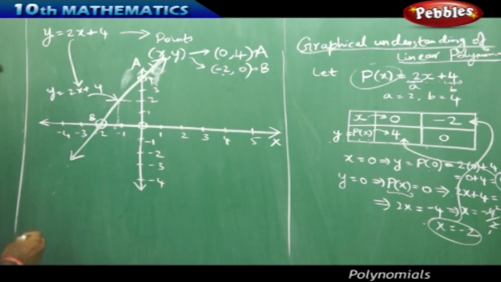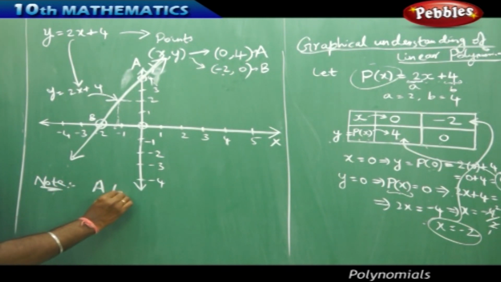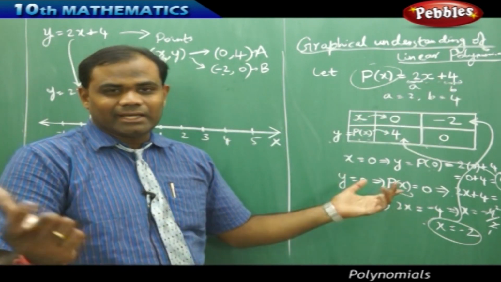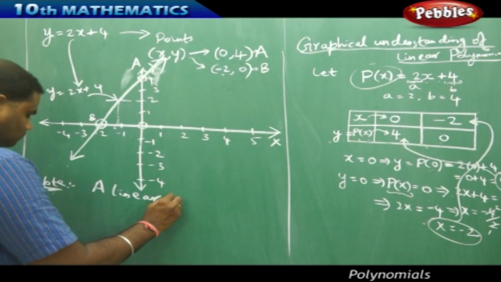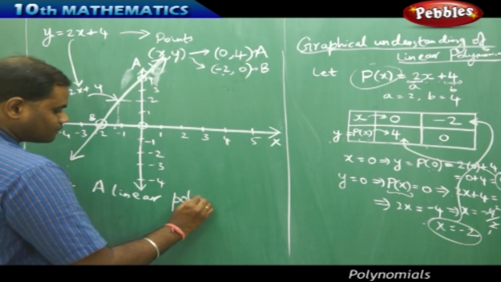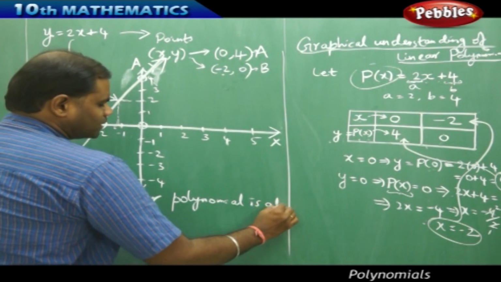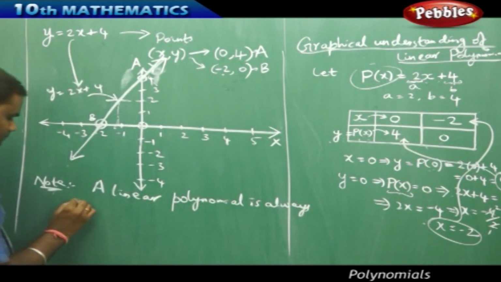So the learning outcome here is that a linear polynomial, whatever it may be, in this case 2x plus 4, but any ax plus b, is always a straight line.